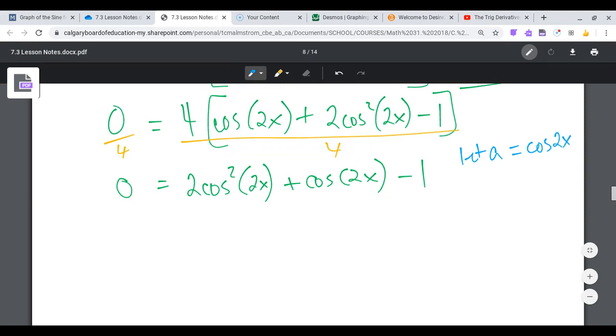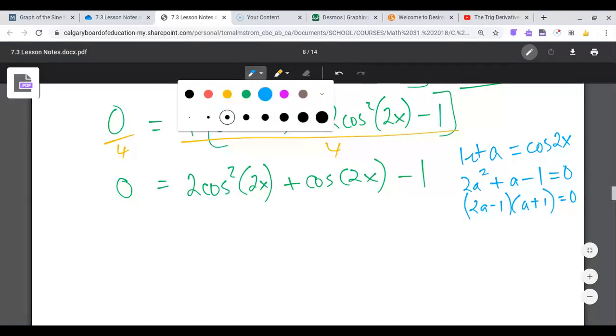Then I would have 2a squared plus a minus 1 is equal to 0, and that's a quadratic that we can factor. So that factors to 2a minus 1 times a plus 1. I'll let you work out the factoring on your own if you don't believe me.